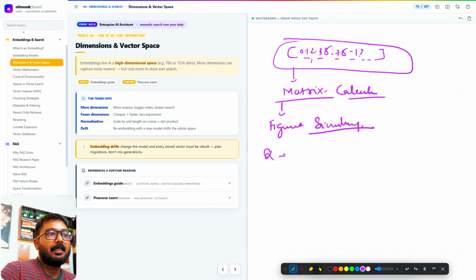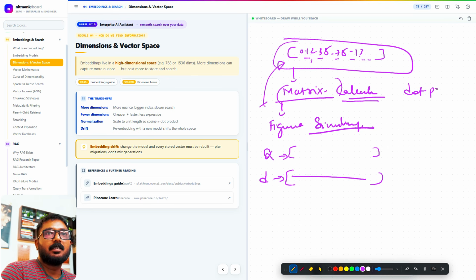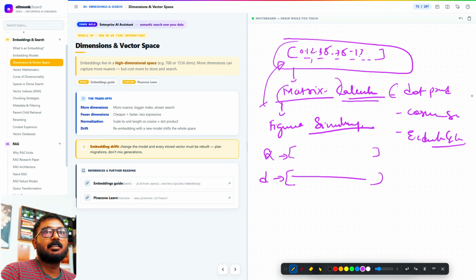Let's say there is a query and there is a document; how similar are these two matrices? With the help of these matrices we do calculations. Like we do dot product, correct? We do cosine similarity, right? We do Euclidean distance. I'll tell you each and every one of how we do all these calculations.